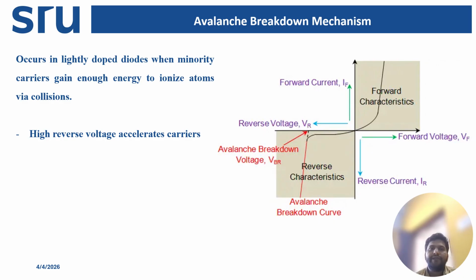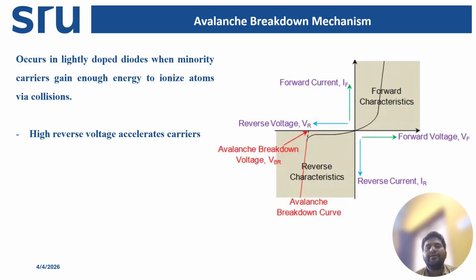So the actual mechanism is impact ionization. What is the actual mechanism for avalanche breakdown? When high energy carriers move through the depletion region, they collide with atoms of the crystal lattice.